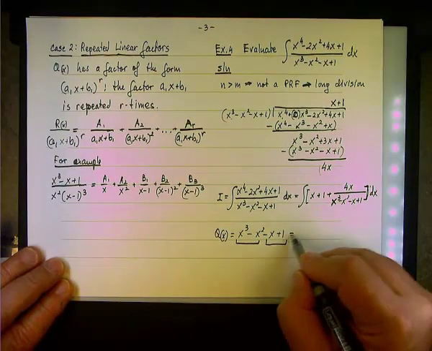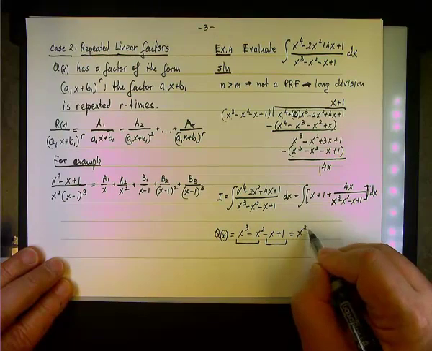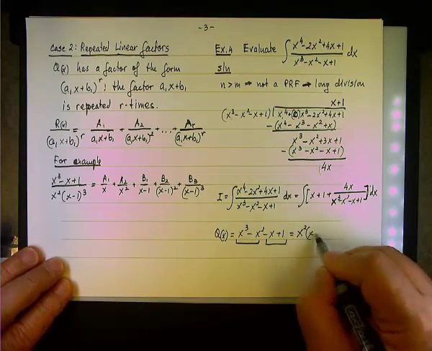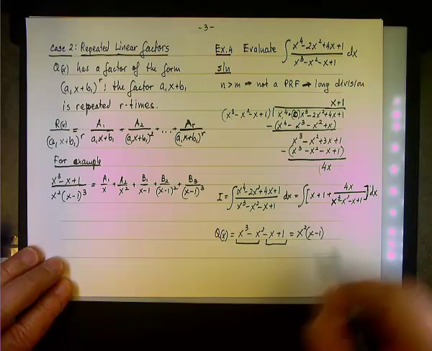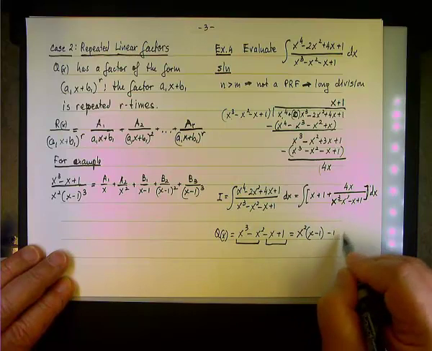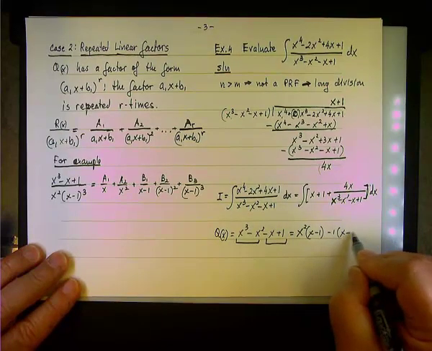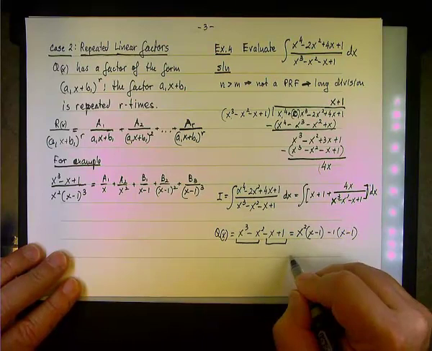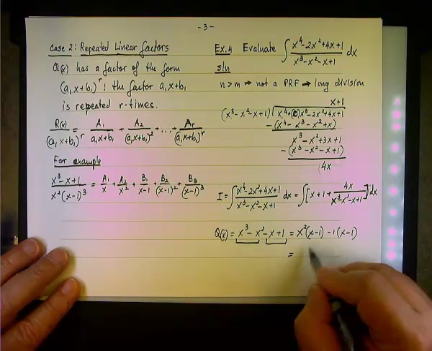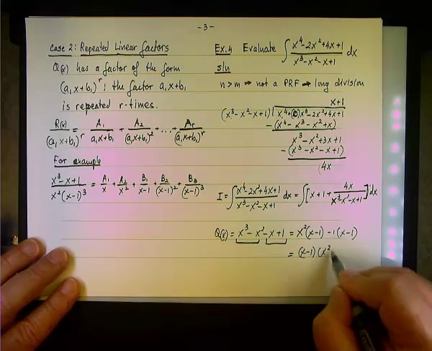Factor out the x squared from the first two and get x minus 1. Factor negative 1 from the second group, and what you get is x minus 1 as well. So what we see is that we have x minus 1 times x squared minus 1.